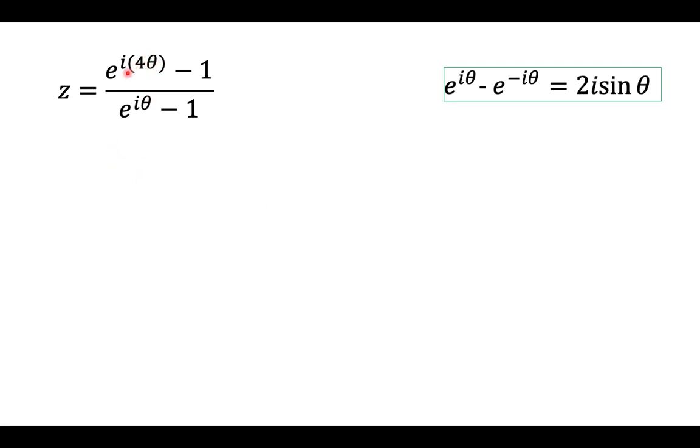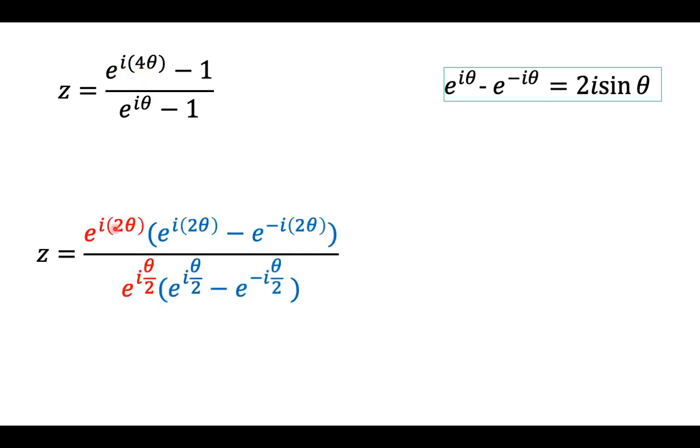So I'm going to factor out e^(i2θ). And let's see what happens when I do that at the top. When I do that, this times this takes me to this, and this times e^(-i2θ) becomes e^0, which is 1. And by a similar argument, if I factor out e^(iθ/2), this times this leaves me with this, and this times this leaves me with, again, e^0, which is 1.